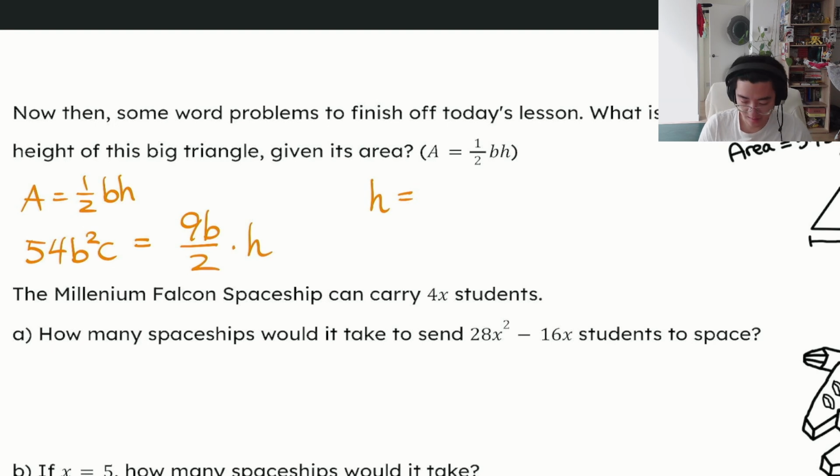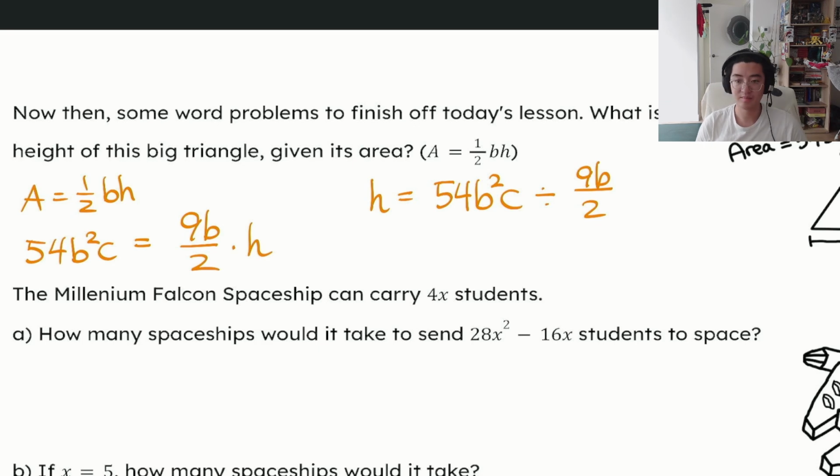In order to do that, we know this big number equals h times the smaller number. So to work backwards, if 9b over 2 times h is this result here, then h must be the total area divided by this length. We're just working backwards here.